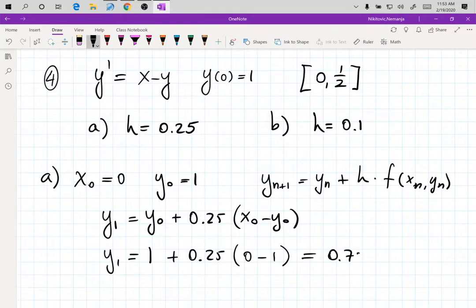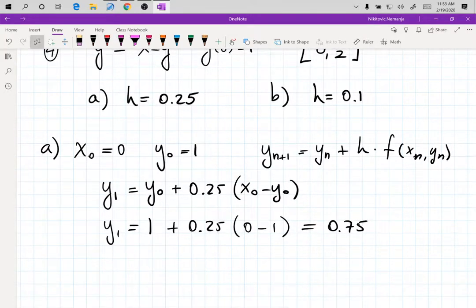So we get 0.75 as the answer, right? When you do the calculation, that's basic arithmetic. Now you have to store your y1 in the array and then repeat the process for the next calculation. The first calculation is done.